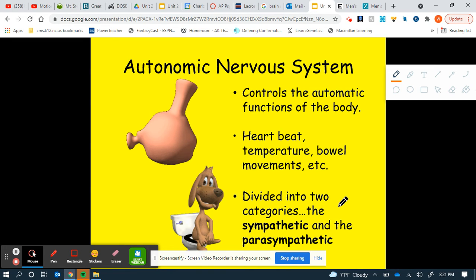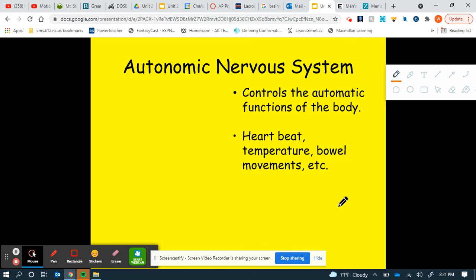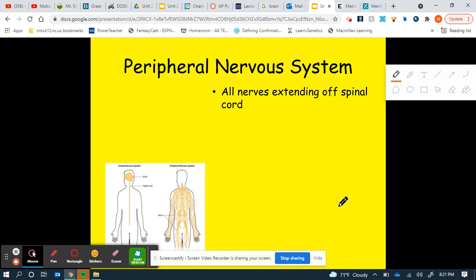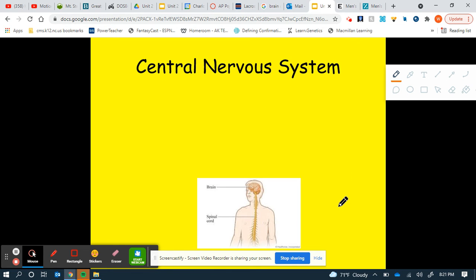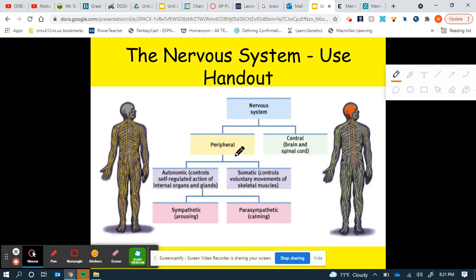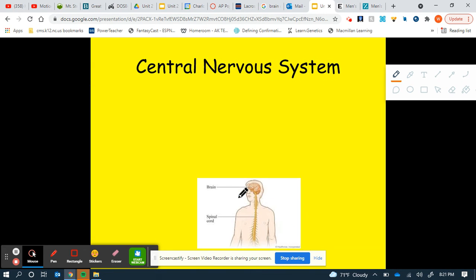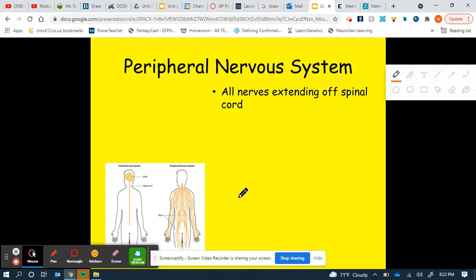It's called the sympathetic nervous system and the parasympathetic nervous system. If we go back to the original slide, and you can look at that on yours, here's the somatic, autonomic, and then the autonomic consists of the sympathetic nervous system and the parasympathetic.